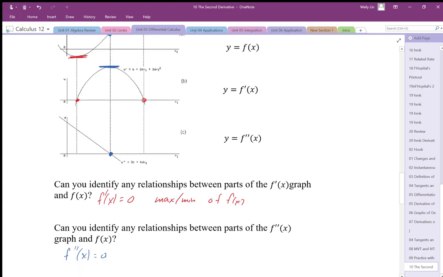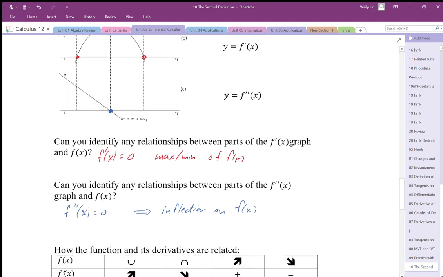Okay, and so we're going to say that this doesn't mean that there is an inflection, but definitely relates to the inflection point on f of x. So there is this relationship that we can connect the second derivative to something that's going on in the original graph.